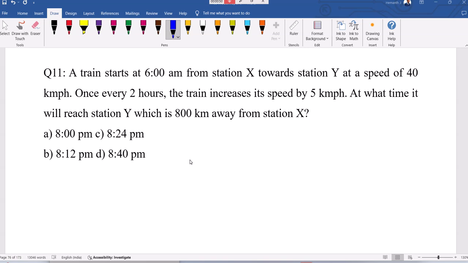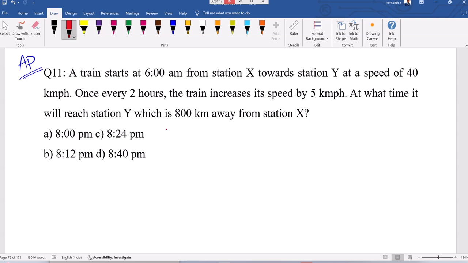Every 2 hours, speed is increased by 5. This is what progressions, AP, arithmetic progression related discussion. Every 2 hours, speed is increased by 5, so 5, then 7, then 9, like that speed will keep increasing, right?